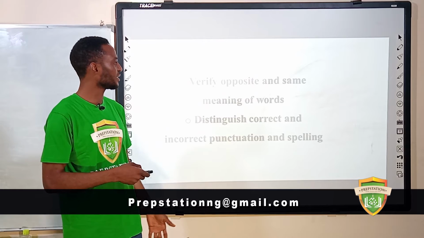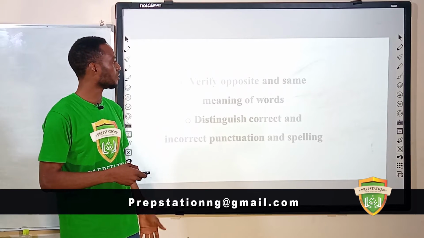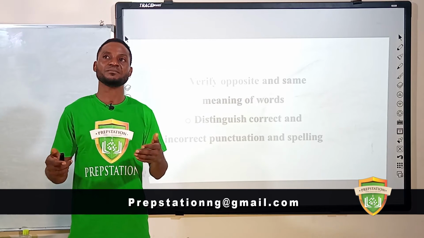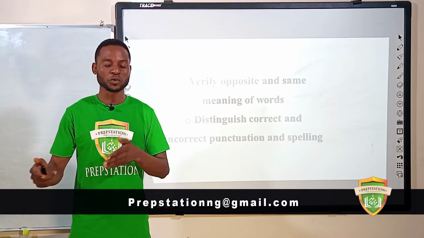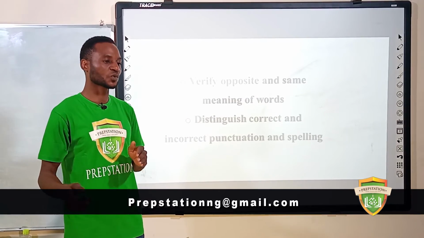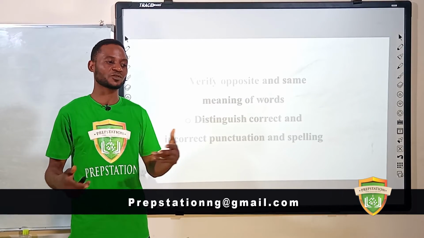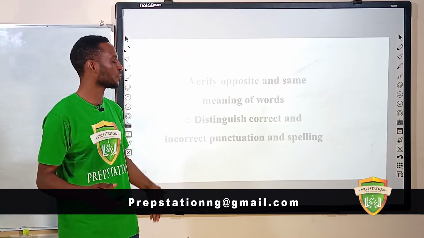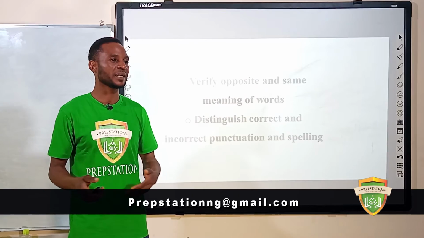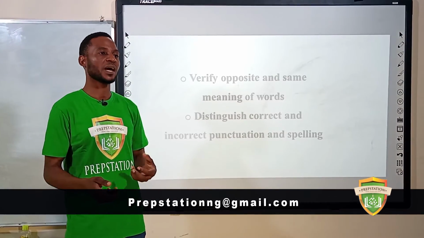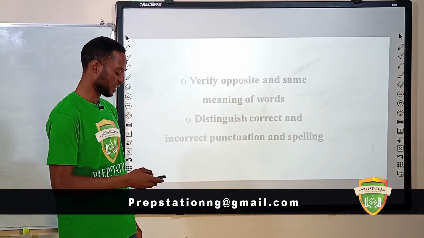Another thing you'll be tested in is how to determine meaning in terms of oppositeness, which is also important, and also sameness in meaning. These are some of the areas you'll also be tested in. Another thing is how to punctuate correctly and also how to spell correctly. So your correct spelling and punctuation will also be tested.